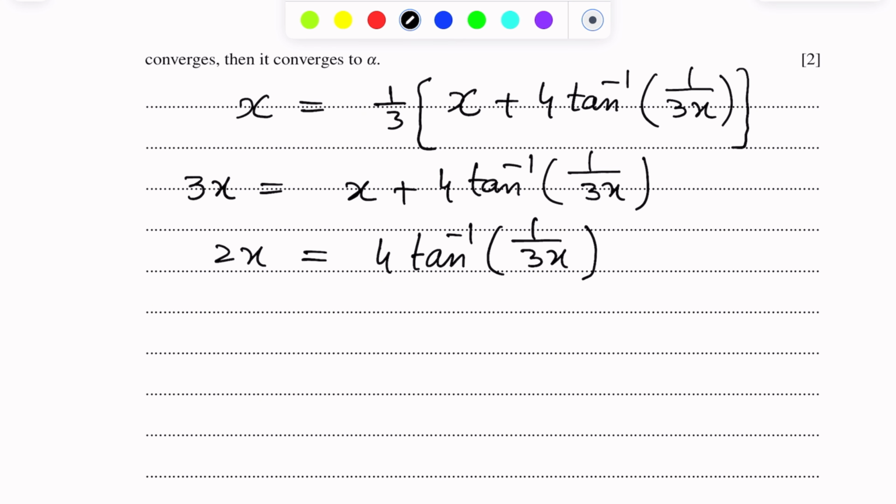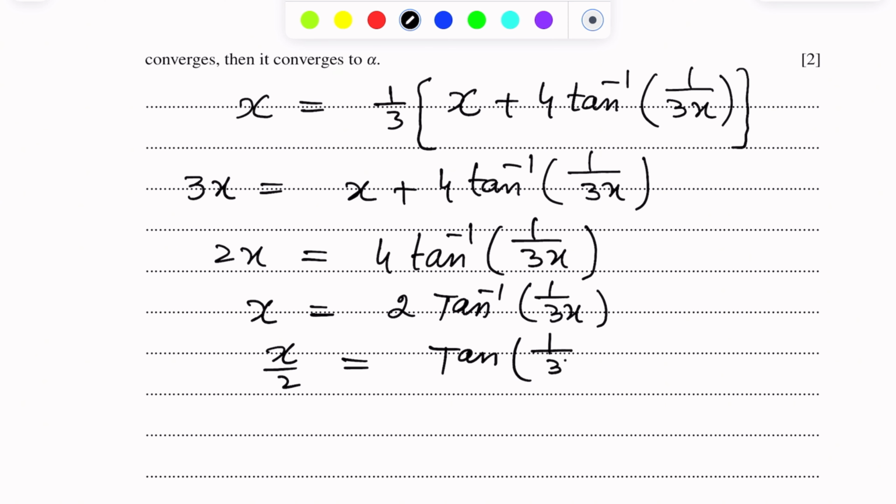Dividing each side by 2, we get x = 2 tan inverse(1/(3x)). So tan(x/2) will be equal to 1/(3x).